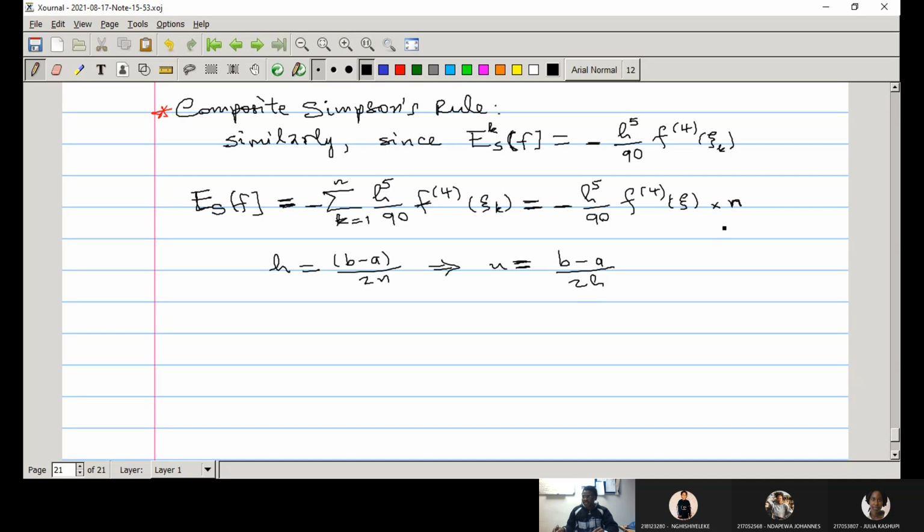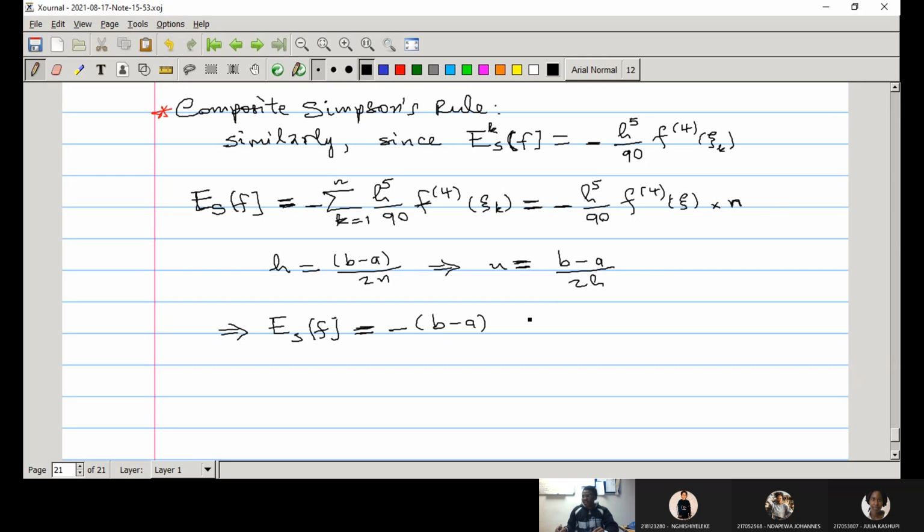Now, if I substitute this there, you agree with me that there will be a negative here, b minus a, because it will be in the numerator here.